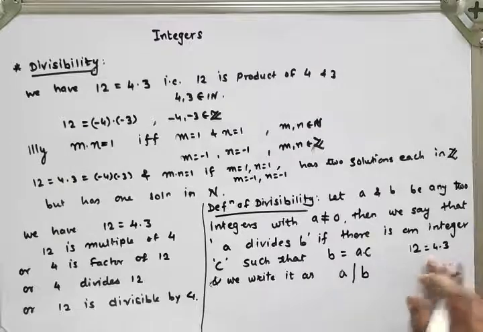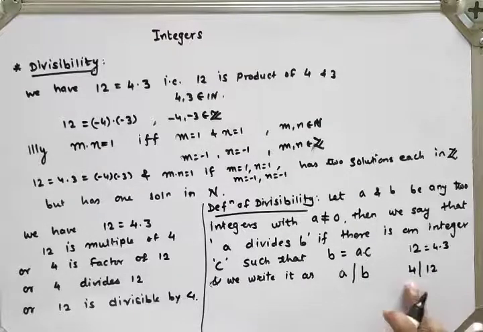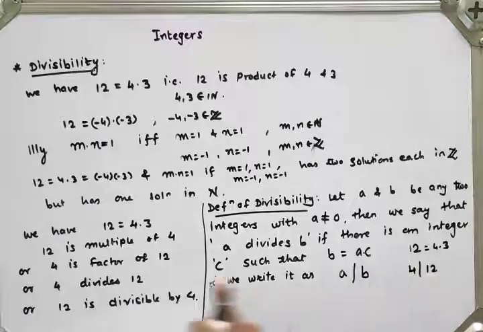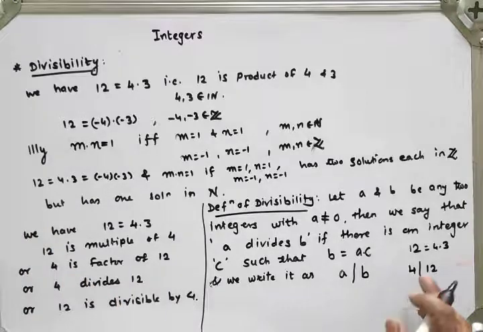So 4 divides 12, or 12 is divisible by 4, or 4 is a factor of 12. This is how we have defined it.